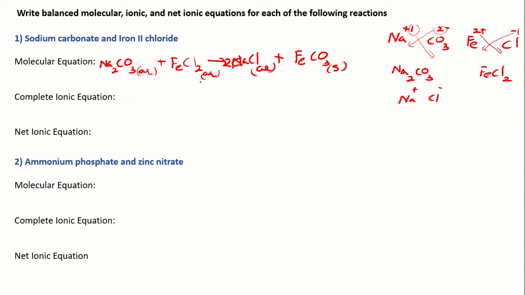Everything with AQ you can separate into ions. So you can write it as you have 2 sodium atoms. So you can write it like this. But you don't do the same thing for carbonate. Why? This carbonate act as a discrete unit. It's a polyatomic ion.